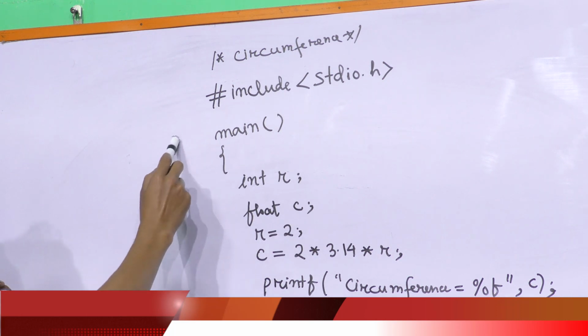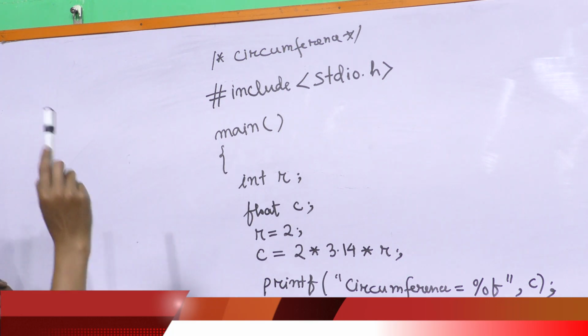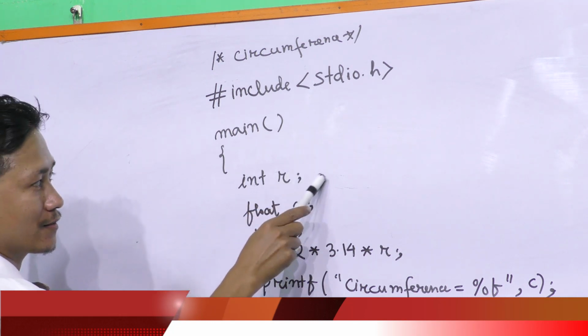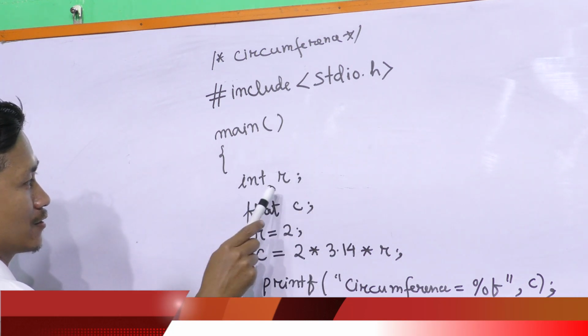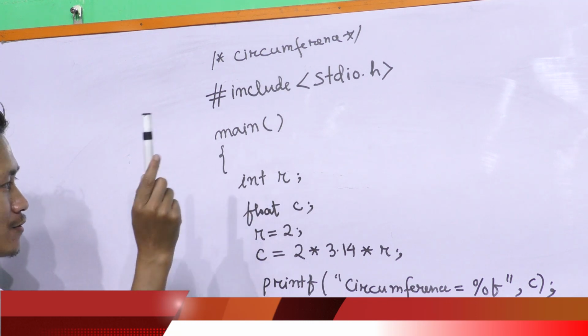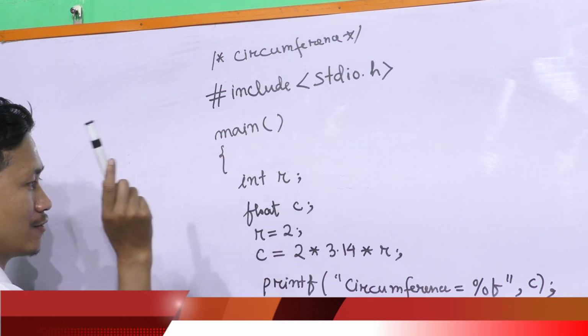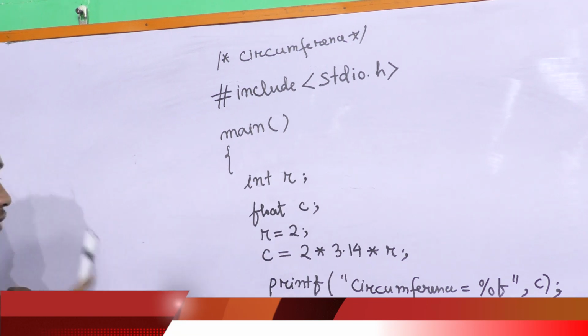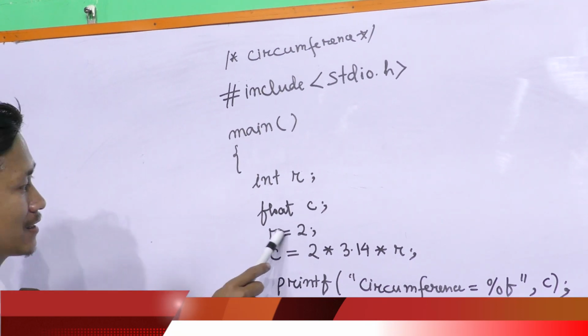After that the main function starts. Here we have to declare all the variables prior to their use. So we have declared the variable r, and we have declared the variable c also, as type integer and as type floating point. Then the value of r is given as 2.